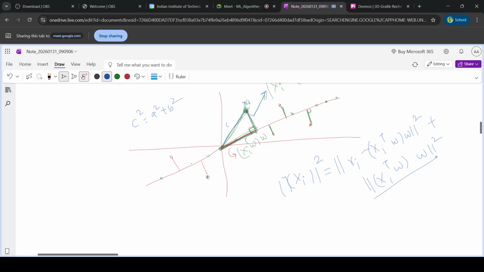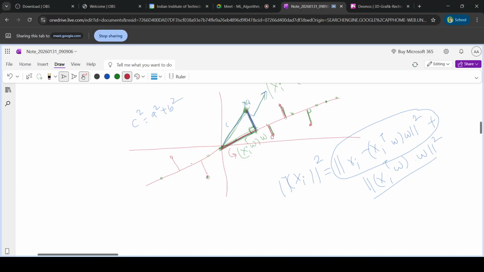I just drew it. You know that this error should be minimum, correct? This part should be minimum. But what is next? Earlier we understood that we want the values here.